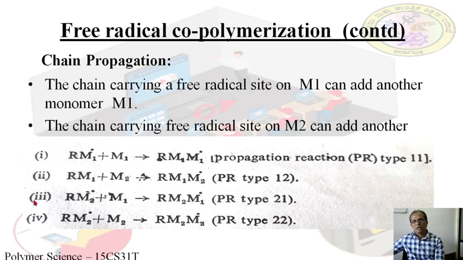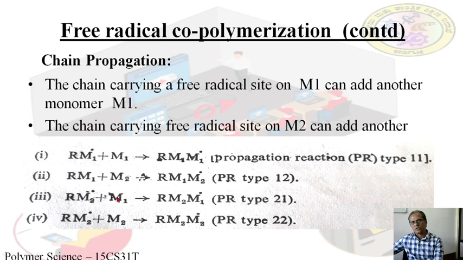Now in the third point, you can see this type of possibility. This is RM2 dot, another initiated molecule. This comes in contact with a fresh monomeric unit of different type, that is M1 type. Here also the initiated molecule will come in contact and the propagation proceeds.